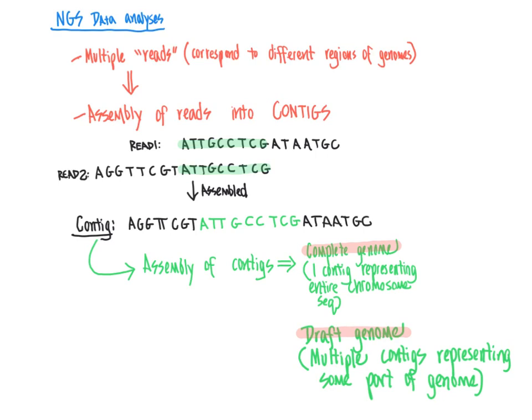And in the cases of the creation of a draft genome, if one were to desire to go from the draft genome to the complete genome, what would be required is just additional next generation sequencing. And often, from a practical standpoint, what's necessary to go from the draft genome to a complete genome is additional next generation sequencing using some next generation sequencing technique that is complementary to the one used initially.